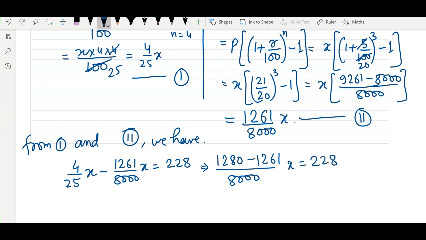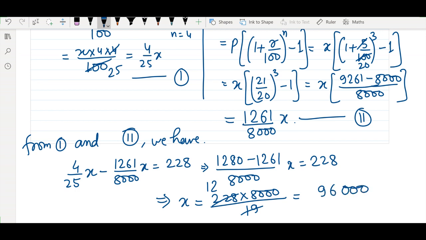So from here we can directly calculate that x is going to be 228 multiplied by 8000 divided by the difference, 19. 228 divided by 19 is 12, and 12 times 8 is 96. So the sum was 96,000 rupees. I hope it is okay.